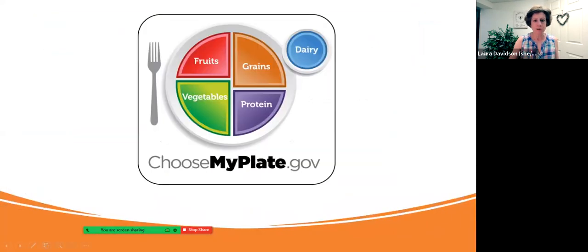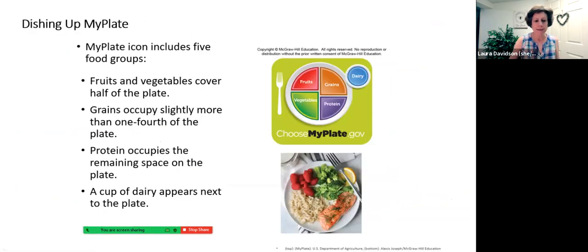our slideshow. Now, another guide for us is the Choose My Plate food group plan. And you can see here that it gives you an image as well as some numbers when you dig into the website.